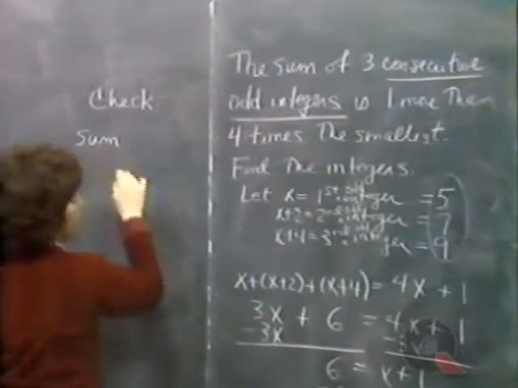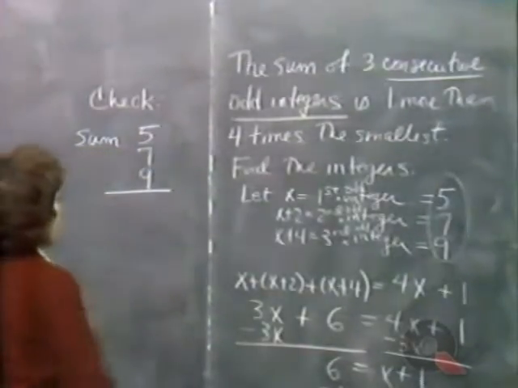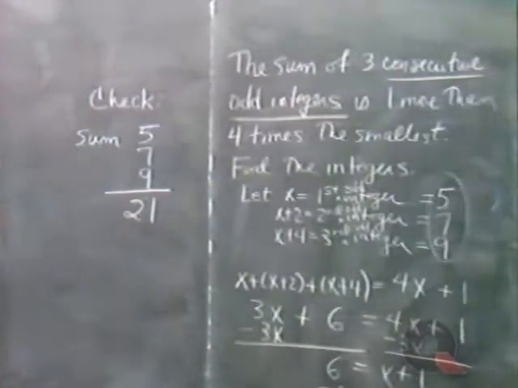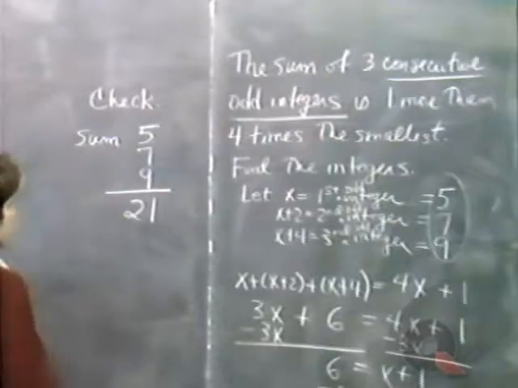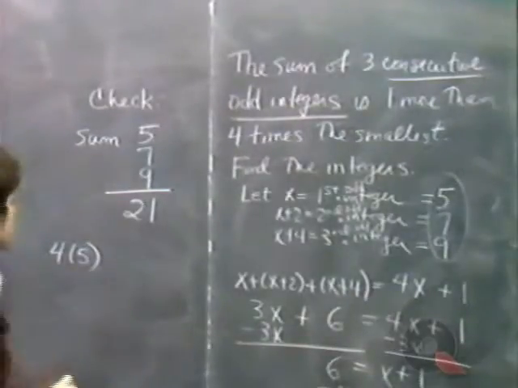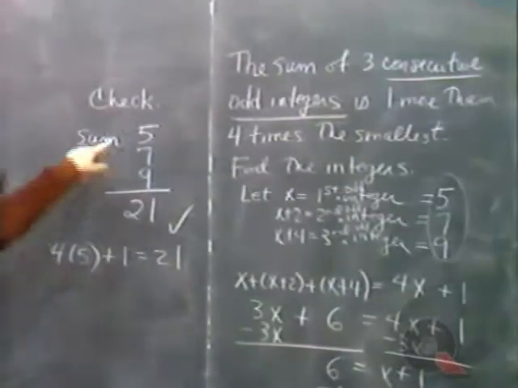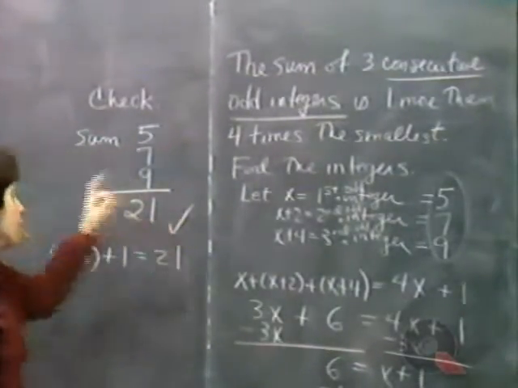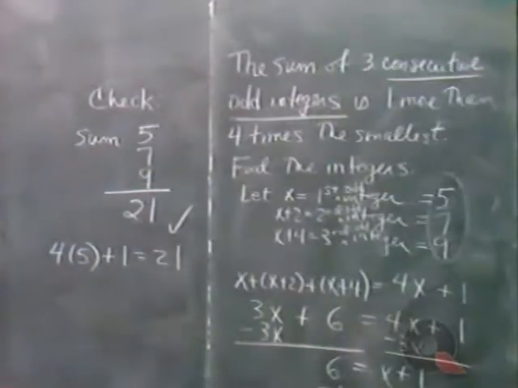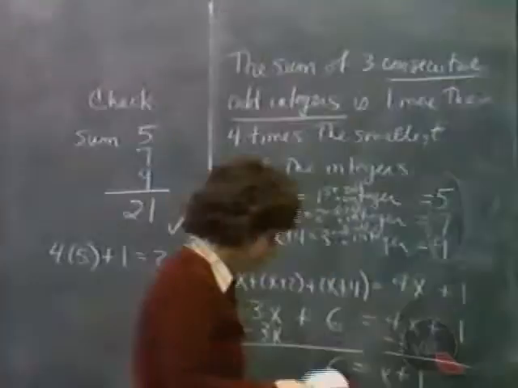The sum, it's 5 plus 7 plus 9, 21. 12 and 9, that's 21. 1 more than 4 times the smallest. 4 times the smallest is 4 times 5 and 1, that's 21. And it checks out. The sum, 5 plus 7 plus 9, 21, is equal to 1 more than 4 times the smallest, 21. Okay, so we have found 3 consecutive odd integers. They're 5, 7, and 9.